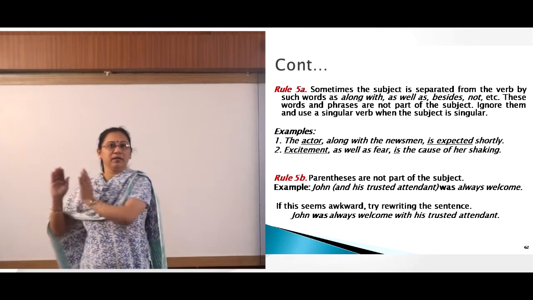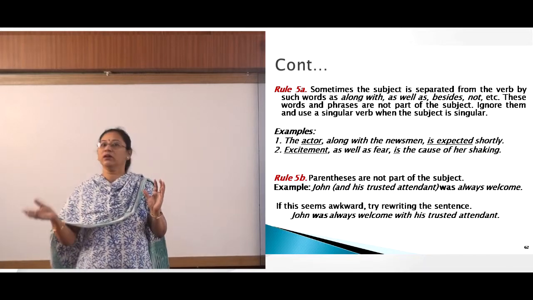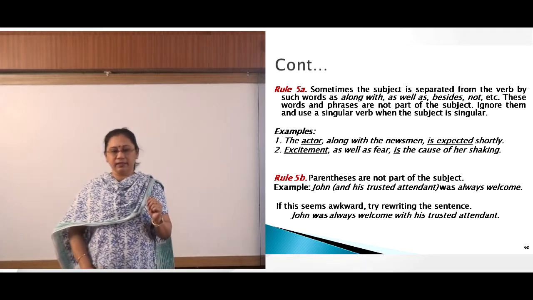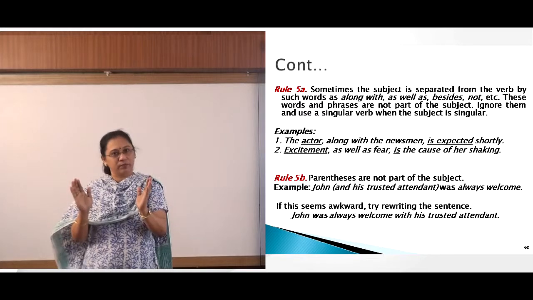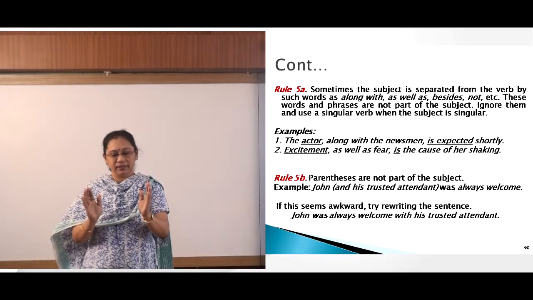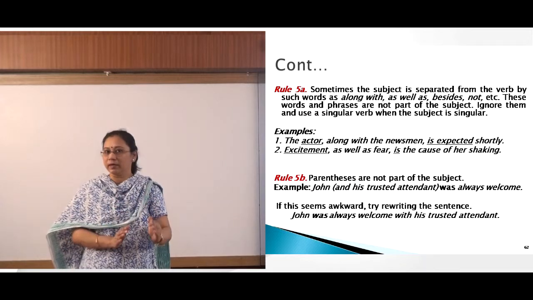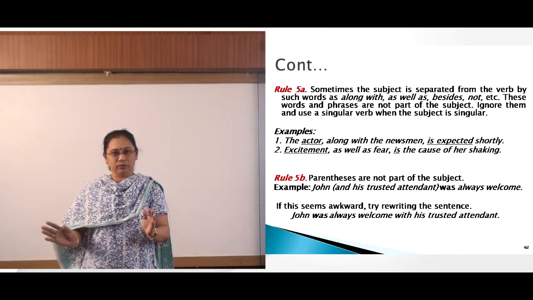You have to leave them aside, and then identify the subject to get your right verb. For example, John (and his trusted attendant) was always welcome. So you take out what is in brackets, and then the remaining sentence is like this: John was always welcome. So John is one person in the singular form and therefore he was always welcome.